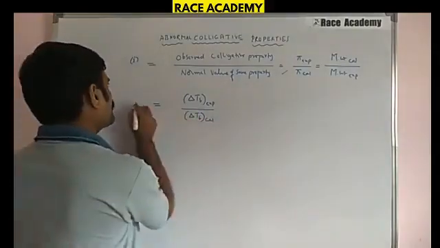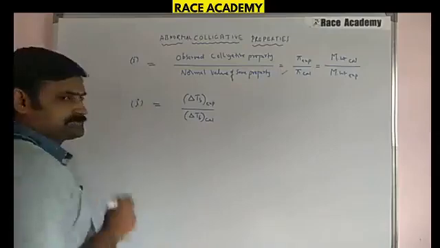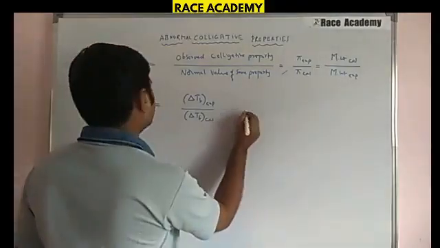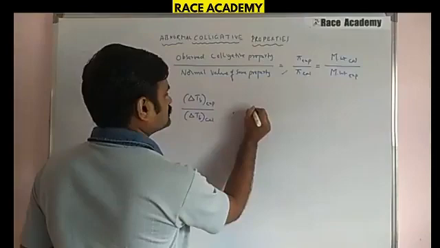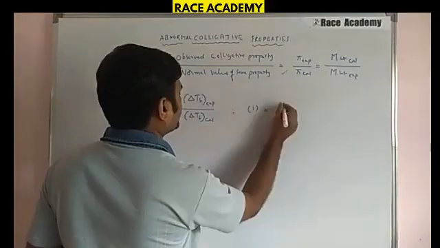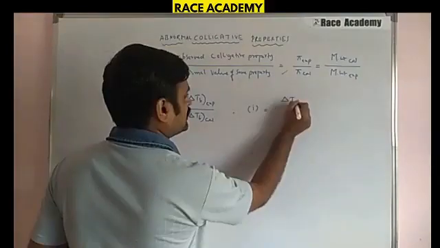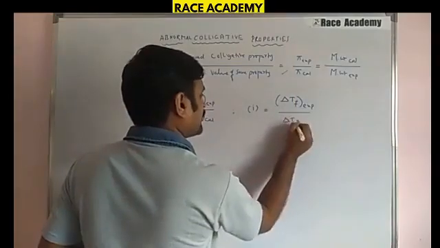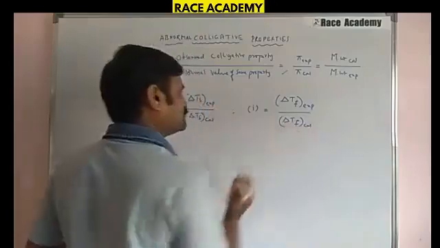That is also called the Van 't Hoff factor. You can also consider the delta TF values: delta TF experimental value divided by delta TF calculated value.